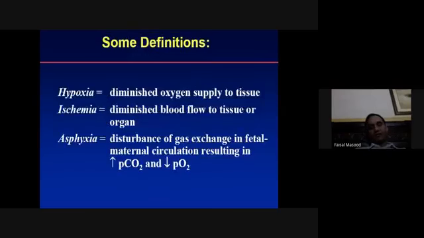Hypoxia, we are using a big word. Hypoxia means diminished oxygen supply to the tissue. Ischemia, diminished blood flow to the tissue. Asphyxia, disturbance of gas exchange in the fetal maternal circulation resulting in increased PCO2 and decreased oxygen concentration.